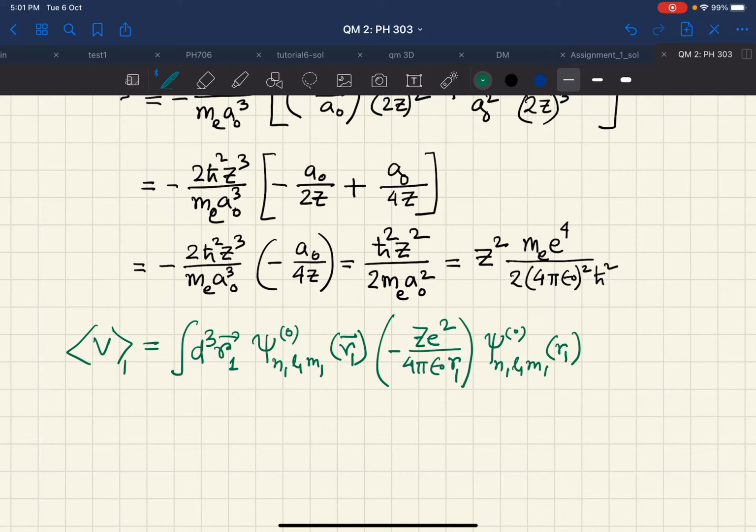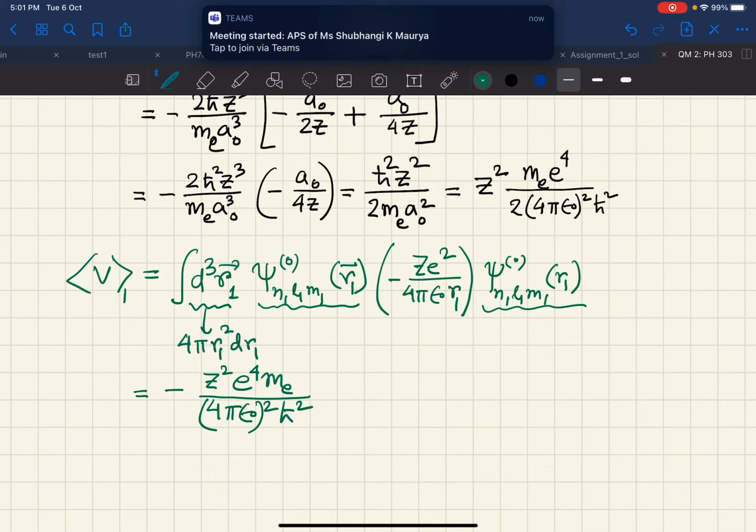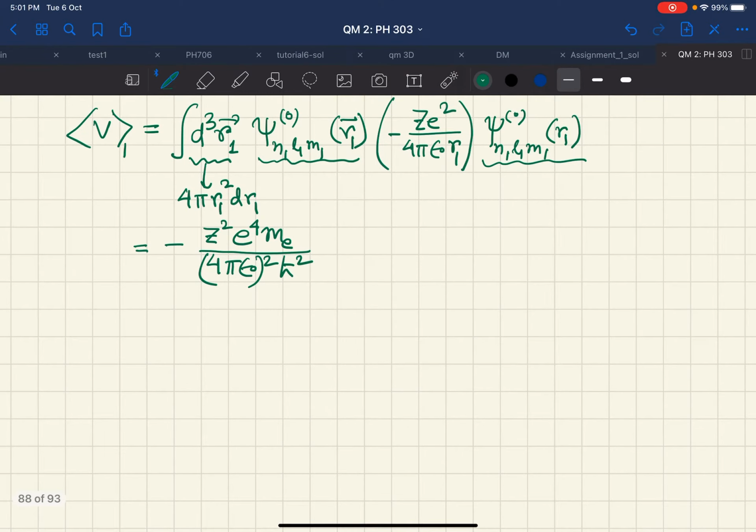Again use the same technique, that means you write this as 4 pi r1 squared dr1 and use the explicit trial wave functions, and the final result of this calculation I am mentioning, that is going to be Z squared e to the 4 m e divided by 4 pi epsilon naught whole squared h bar squared. So this we have, the expectation value of the kinetic energy and the potential energy for the first electron.